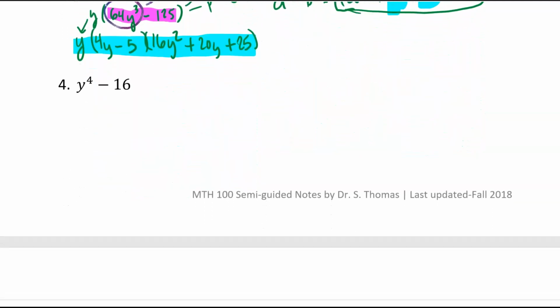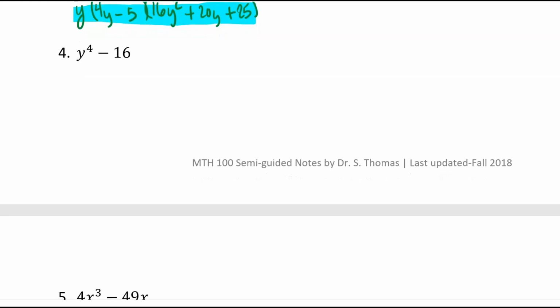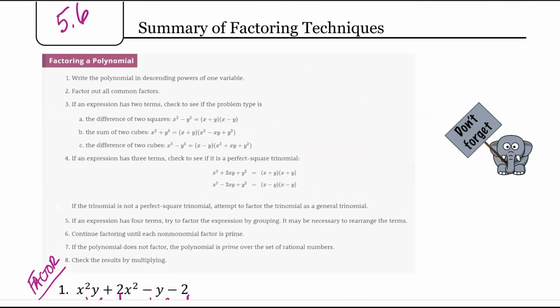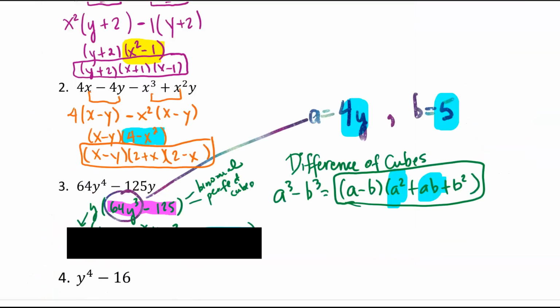We don't have a GCF in this one, but do you recognize it as one of those patterns that we talked about in chapter 5? Well, you should recognize it as a difference of squares, because we have a minus sign, and we have a binomial, and we have perfect squares.